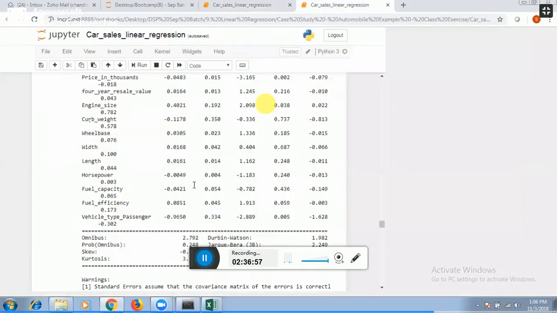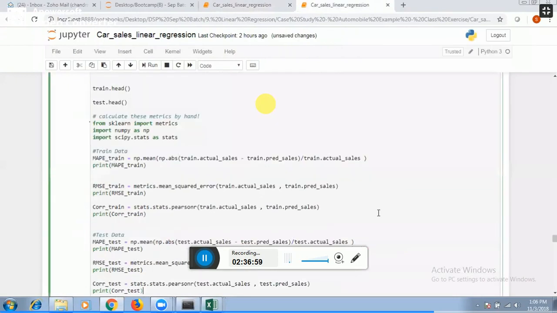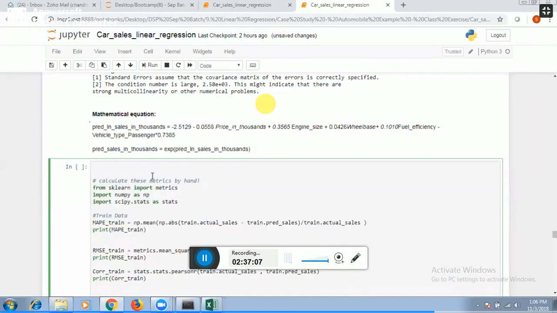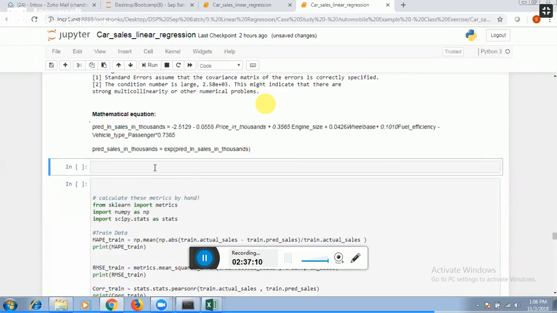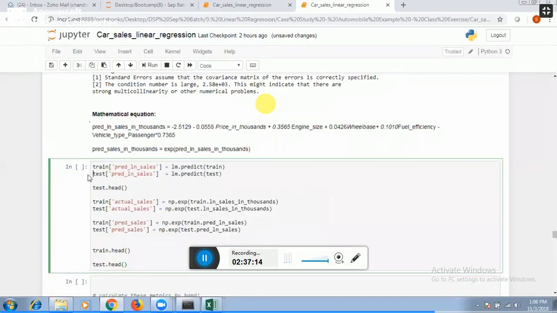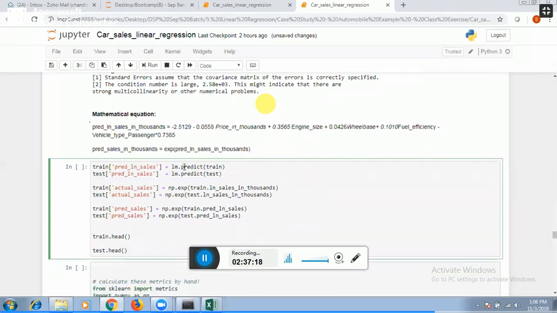Okay, so now what we need to do is calculate your train and test predicted values, right? How will you get the predicted values, guys? My LM is my model, and with LM.predict I can get, for the train data and test data, my predicted log sales.